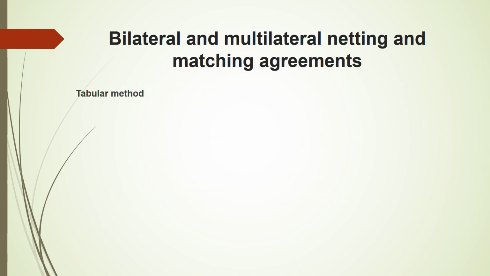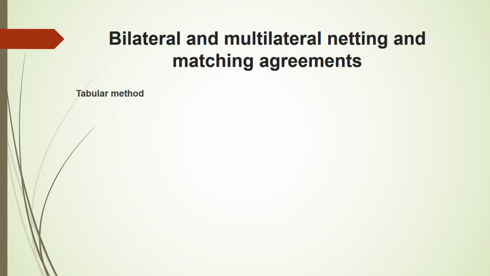Now let us go to the last, which is the internal hedging technique, which is bilateral and multilateral. Bilateral means one to one, you are netting one to one. Multilateral means many subsidiaries are there. So you have to follow this table. Mostly it is multilateral netting which is asked in AFM.